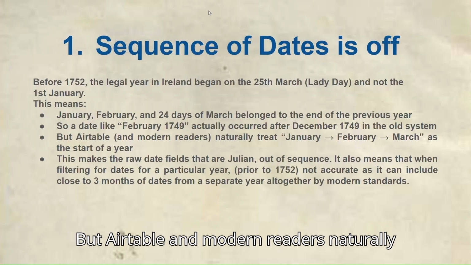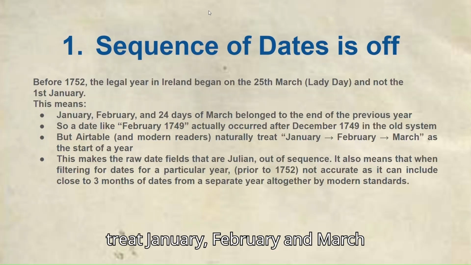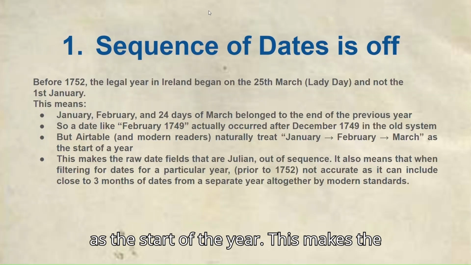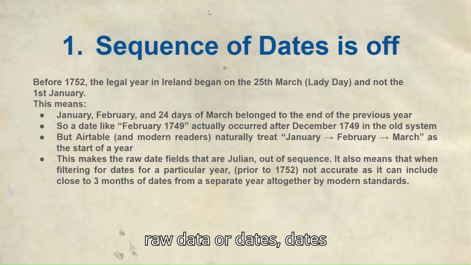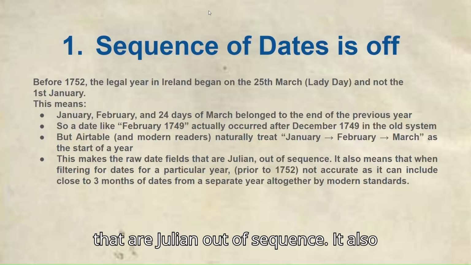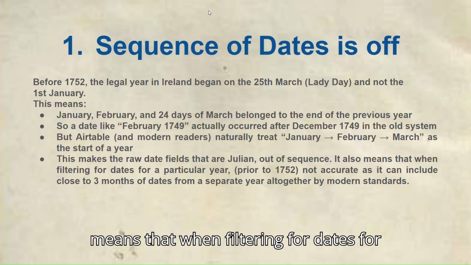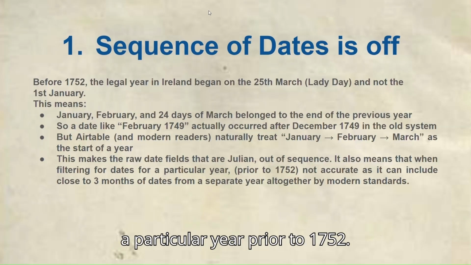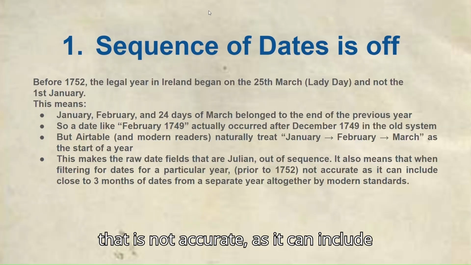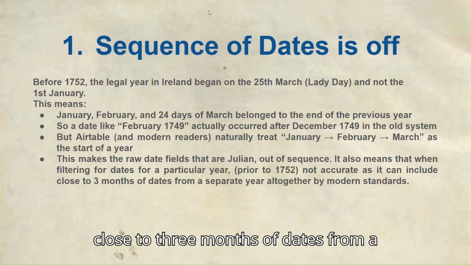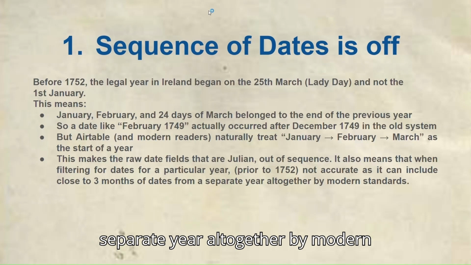But Airtable and modern readers naturally treat January, February and March as the start of a year. This makes the raw data or date fields that are Julian out of sequence. It also means that when filtering for dates for a particular year prior to 1752, that is not accurate, as it can include close to 3 months of dates from a separate year altogether by modern standards.